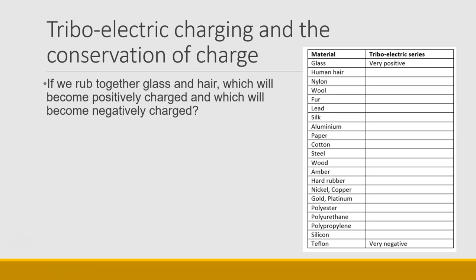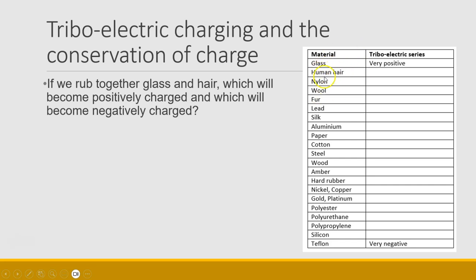If we rub together glass and hair, which one will become positively charged and which one will become negatively charged? So we need to come to this table, and here's glass and here's hair. Now glass is higher up on the table, so it is going to become positive, whereas hair is lower down in the table, so it is going to become negative.